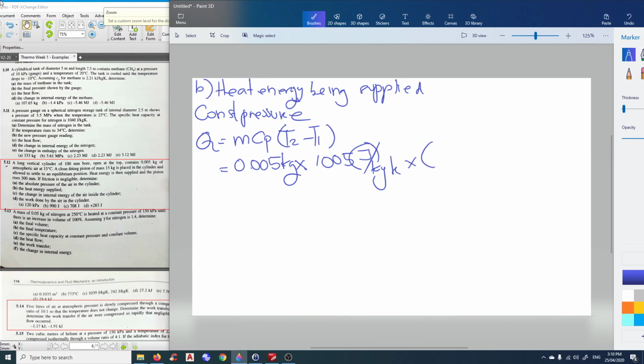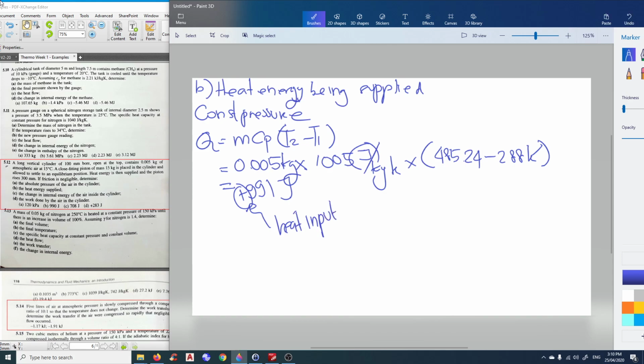Multiply by 485.24 minus 288 Kelvin, capital K. So the Q here is 991 joule positive. Remember, this is joule, so the final answer is joule. Positive means heat input. Is that clear? So that's question B.